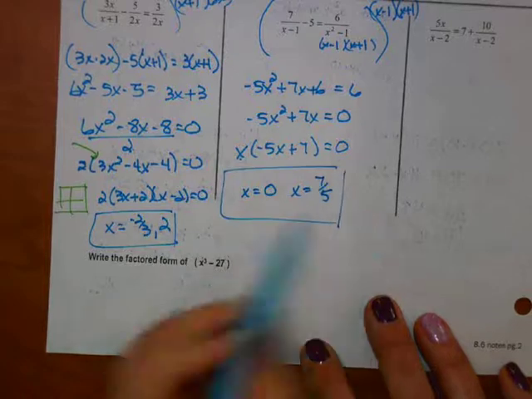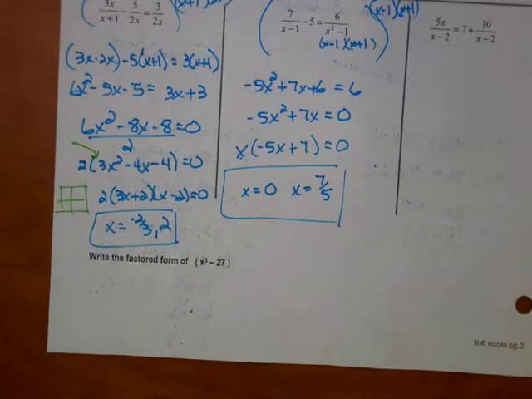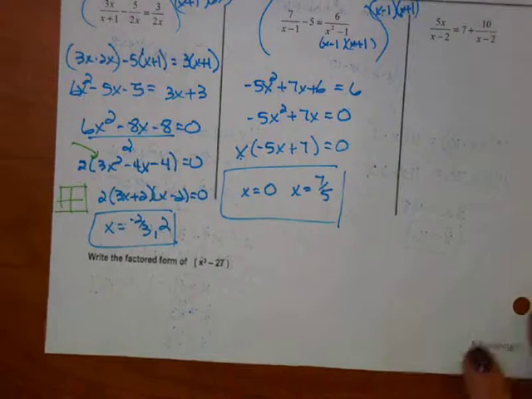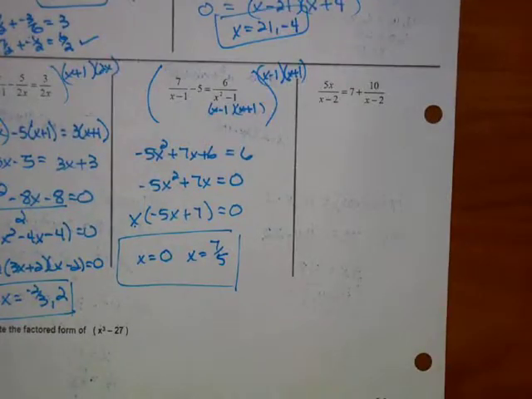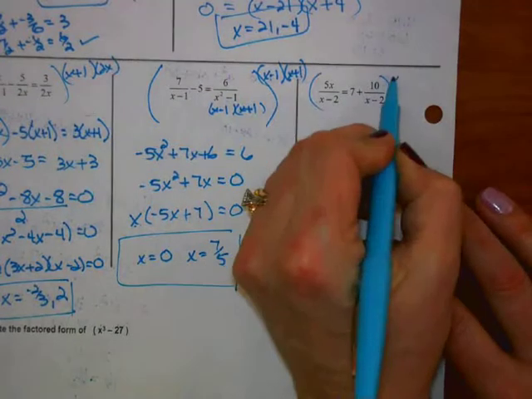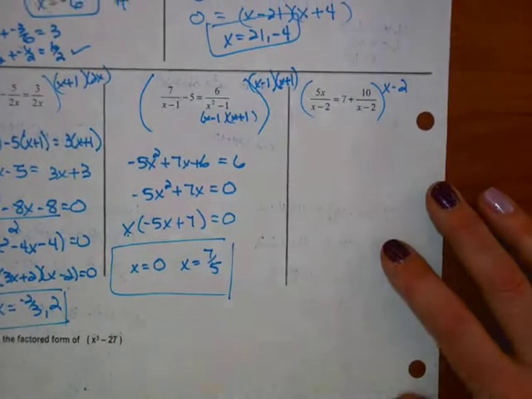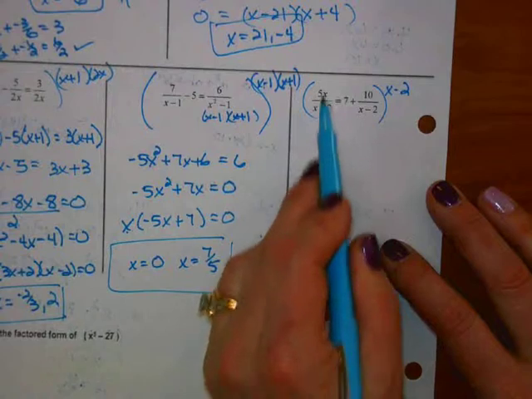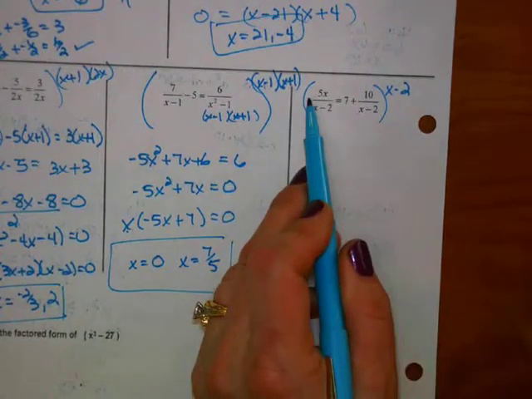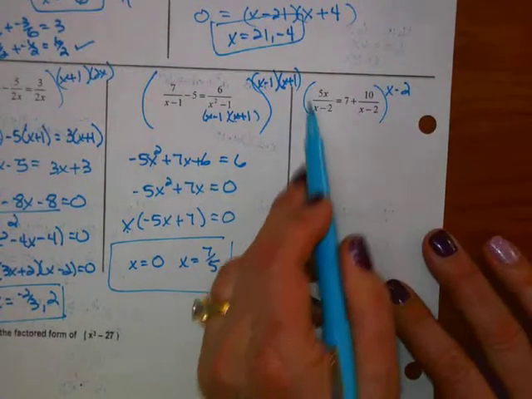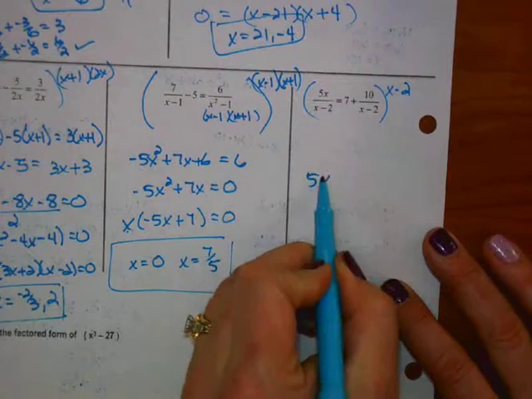The last one's quick, but I want you to see something on the last one. Okay, what's the common denominator? X minus 2. So we're going to multiply everything by x minus 2. What does this fraction become right here? Should be pretty quick right now at this. Just 5x.